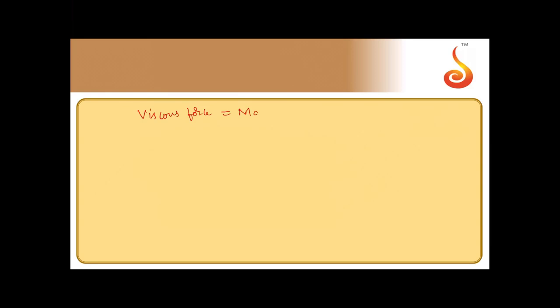So weight is mg, buoyancy will be mg into d2 by d1, where d2 is density of liquid and d1 is density of solid. So that turns out to be mg into 1 minus d2 by d1.